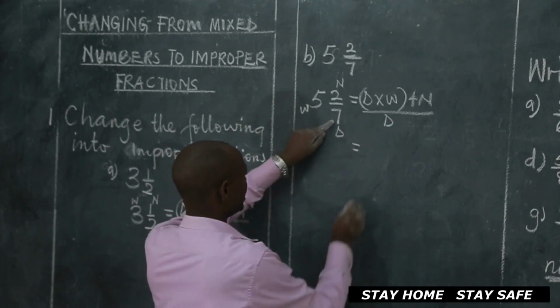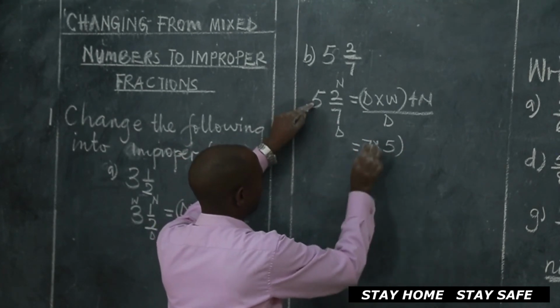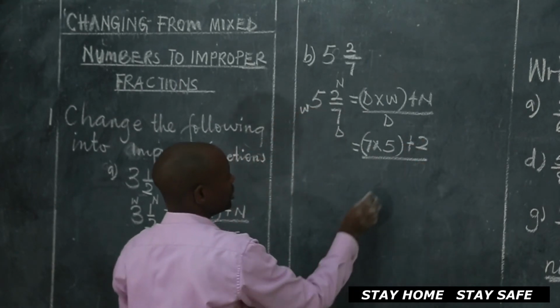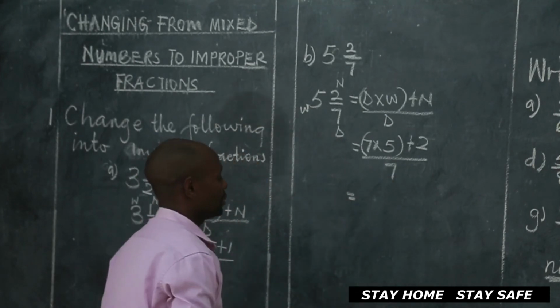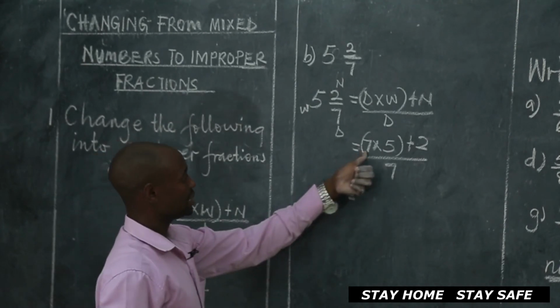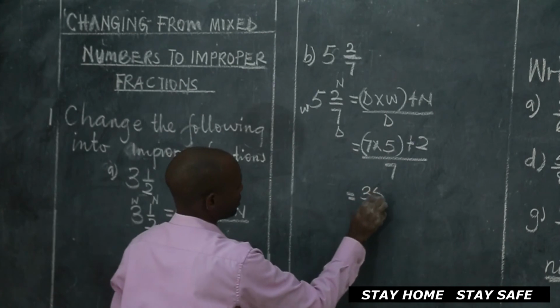Substituting, denominator is 7. Whole number is 5. Add on the numerator, 2. Everything should be divided by the denominator, which is 7. Times table: 7 times 5. Add 7 five times. What do you get? 35. Very good.